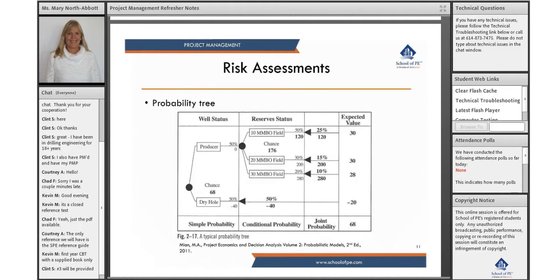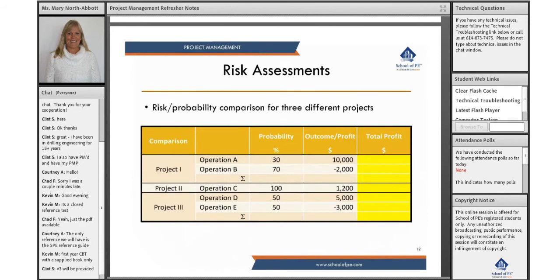And if it is a producer, what are the chances of it being 10 million barrels of oil, or 20 million, or 30 million? You can assign probabilities to those and work backwards. We'll do an example of this in a moment. They're very useful. Management, especially if you've got finance folks looking over your shoulder, wants these probabilities. They want a number, your expected value if we do this project.